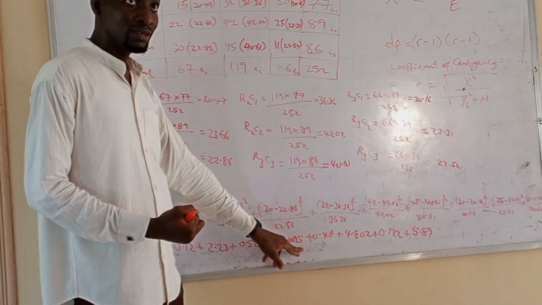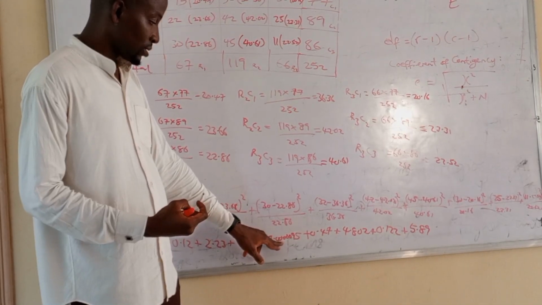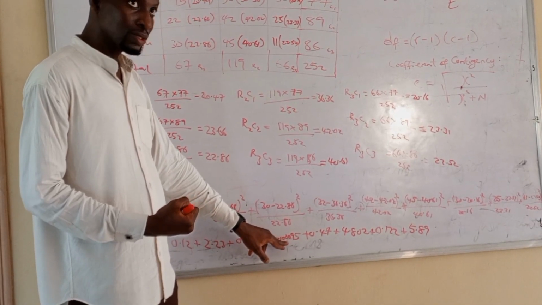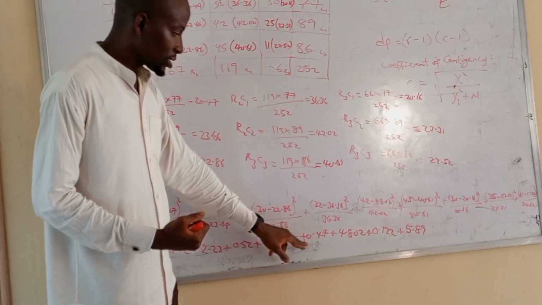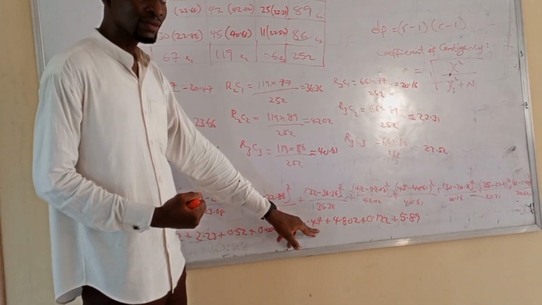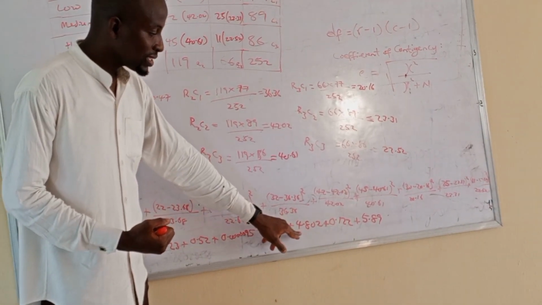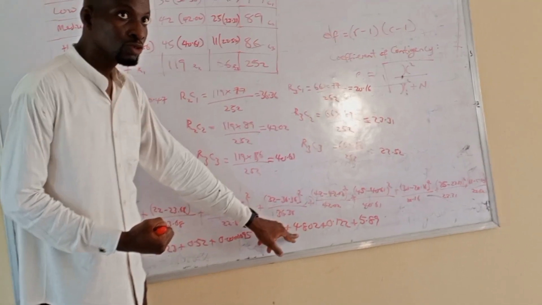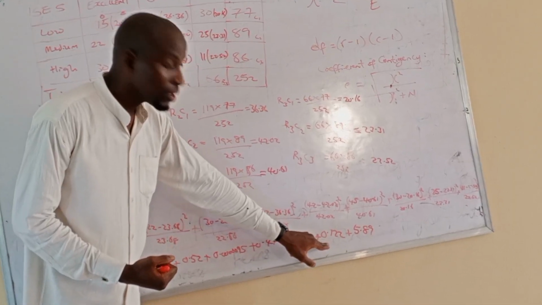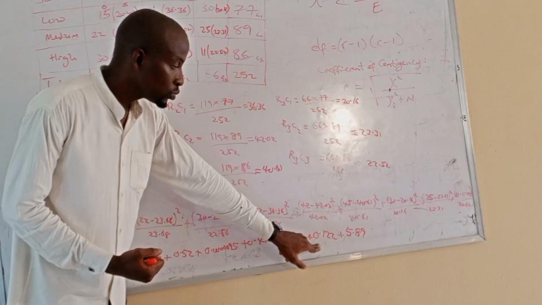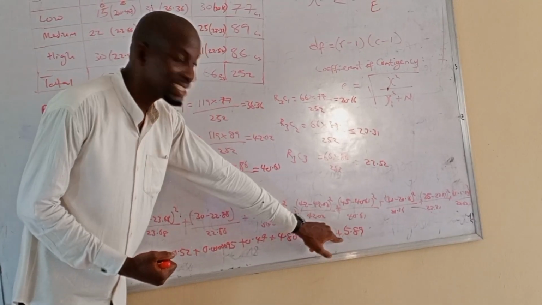0.0000095 plus 0.47 plus 4.802 plus 0.122 plus 5.89.